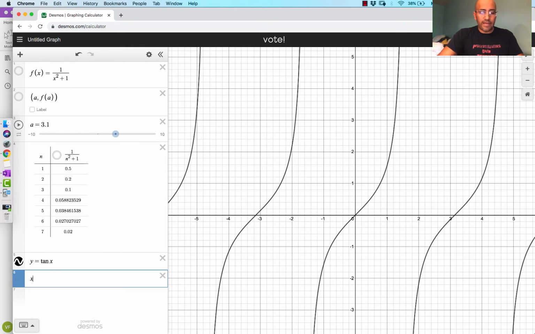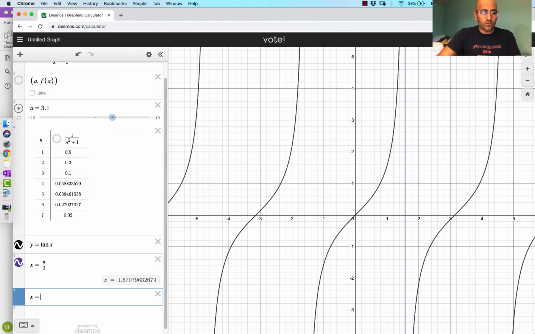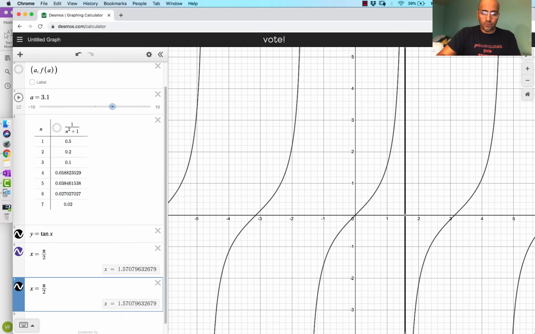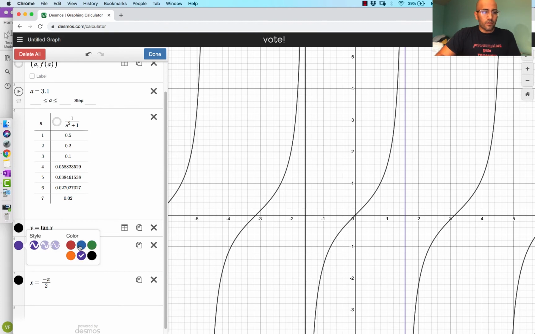And there are vertical asymptotes at x equals pi divided by 2 and x equals negative pi divided by 2. Let's make these in color and make that red.